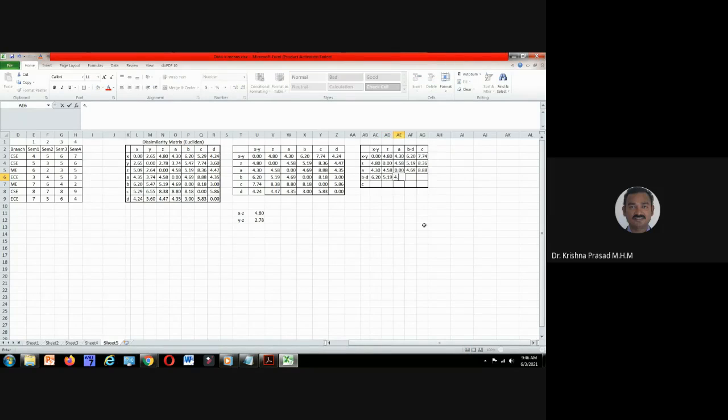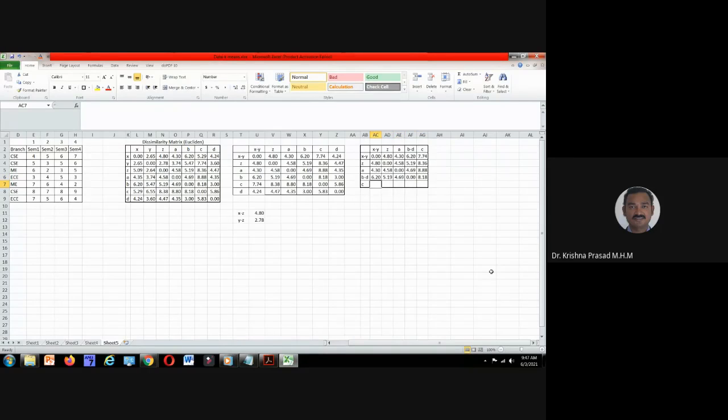4.69 only, A and C. How much? B to C and D to C. B to C is how much? 8.18. D to C is 8.18.